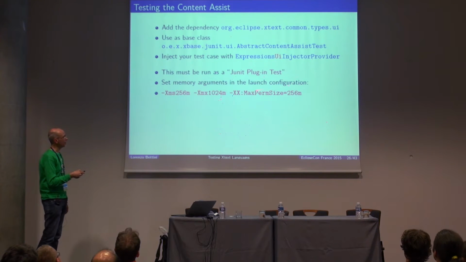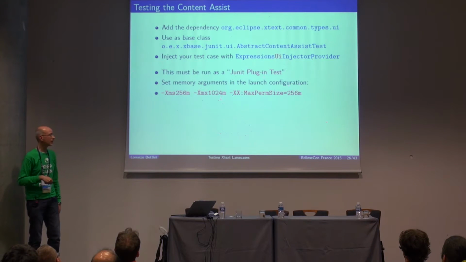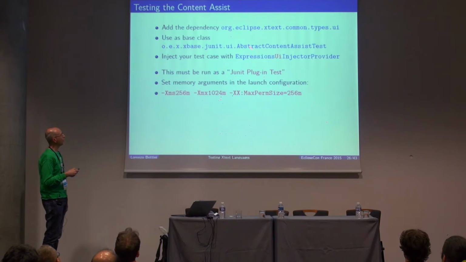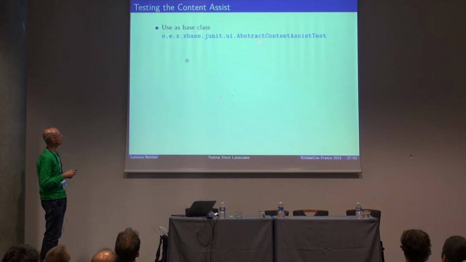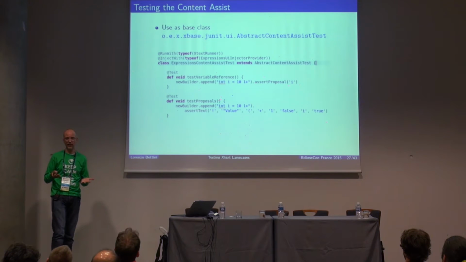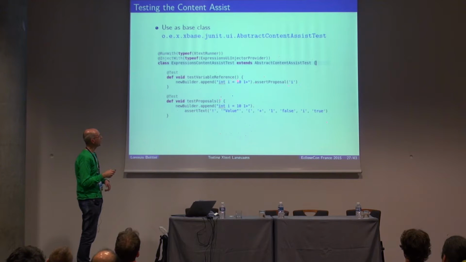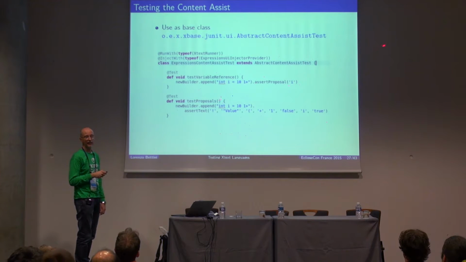So make sure to give enough memory to this launch configuration. And with this utility class, it's rather easy to test it. You have this nice API for testing the content assist. For example, here, I'm testing that at this point of the program, I expect that the content assist proposes I, okay?